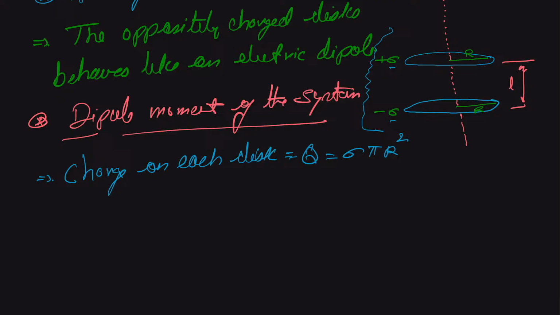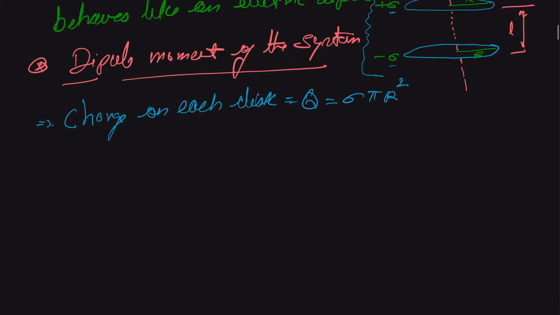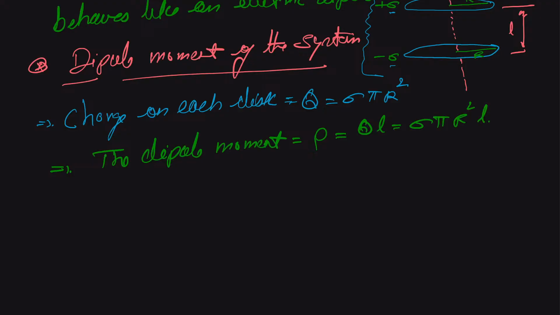Therefore, we can write the formula for the dipole moment, and the distance between the two is L. So the dipole moment, let us suppose that is our P, will be equal to charge multiplied by the distance between the two. So we simply substitute the value of charge, and we get sigma pi r square times L.